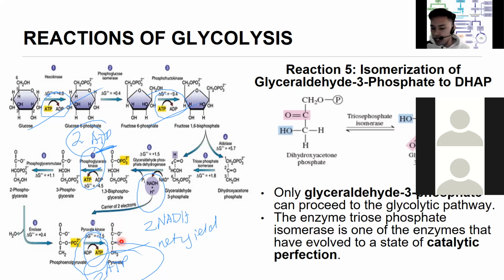So let us review glycolysis. You start with glucose. Glucose is eventually converted to fructose 1,6-bisphosphate. How many steps to reach this point?